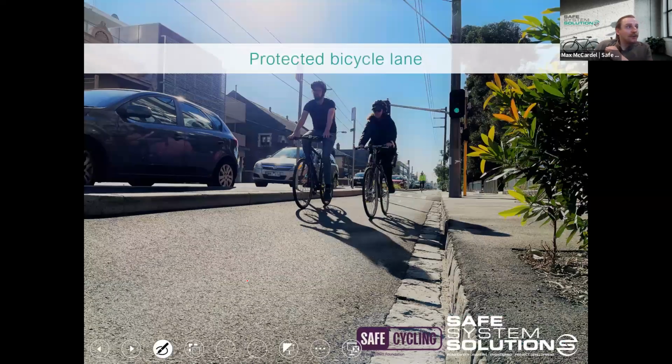All right, so a protected bicycle lane, for those not familiar with the term. Conventionally, the way that we have built our transport networks is, if we've got the footpath here, we would tend to put our parking lane right adjacent to the footpath or next to the curb and channel there.